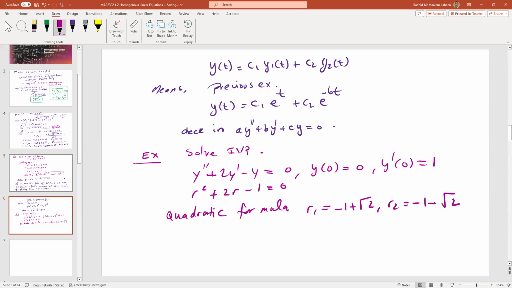So this gives us the linear combination that I mentioned, C1 e to the r1 t, plus C2 e to the r2 t. So of course now, to find the specific solution that satisfies this initial value problem, we need to go into the initial conditions.